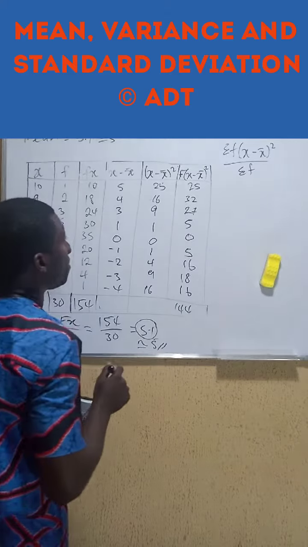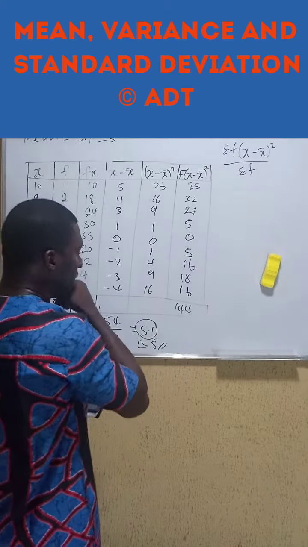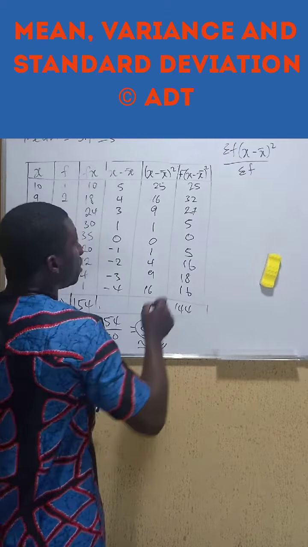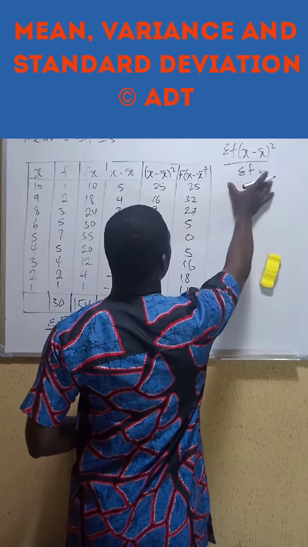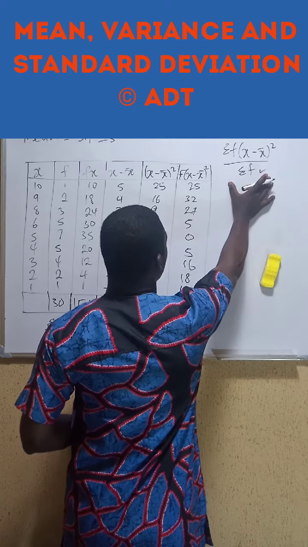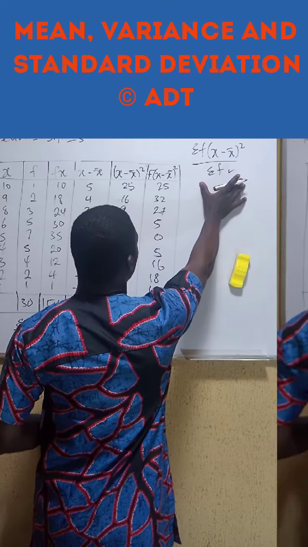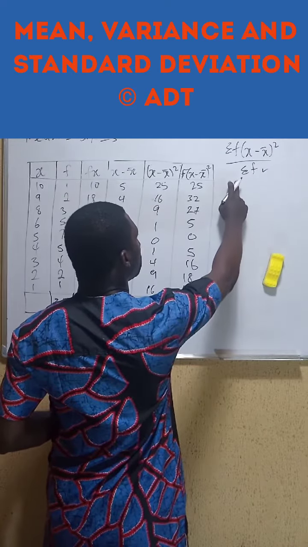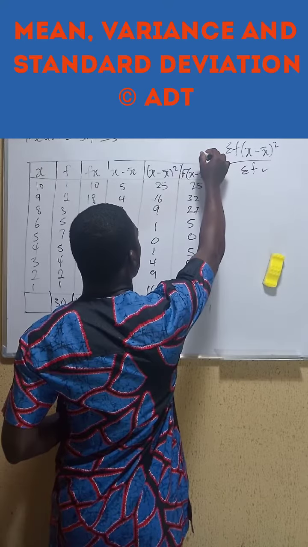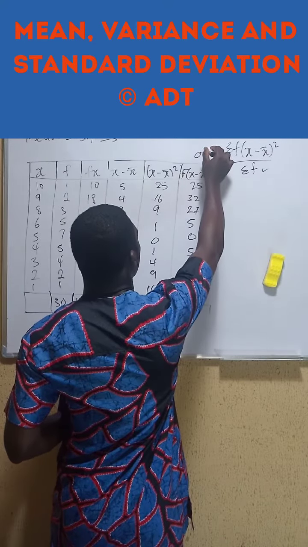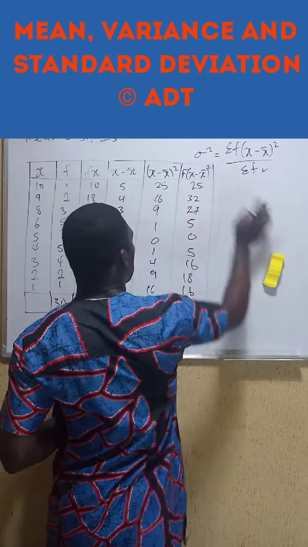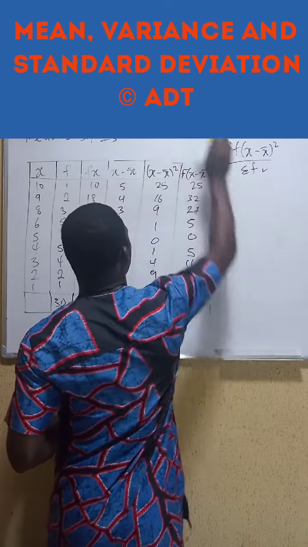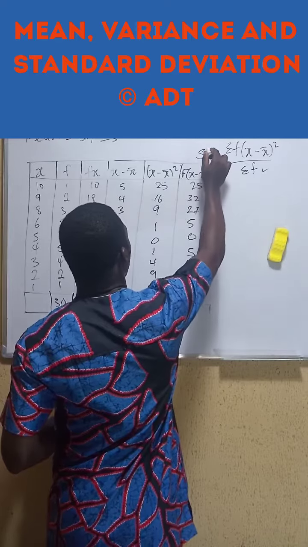And then the next thing is the variance. How do we find the variance? The formula for the variance is this. You just have to use this formula to find the variance, or you can use S to denote that.